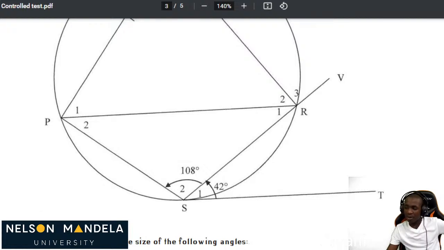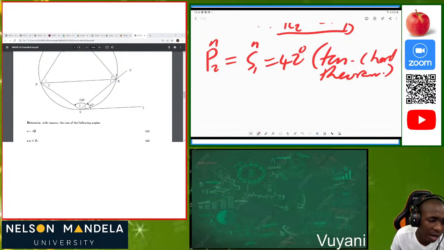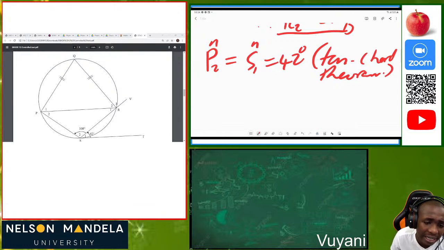So our P1, we said is 54. Our P2, we said is 42. So let me just use my calculator. Okay, I'll write it down first for you. So angle R3 is P1 plus P2. It is an exterior angle of a cyclic quad. So we just have to add P1 and P2 so that you can determine R3.